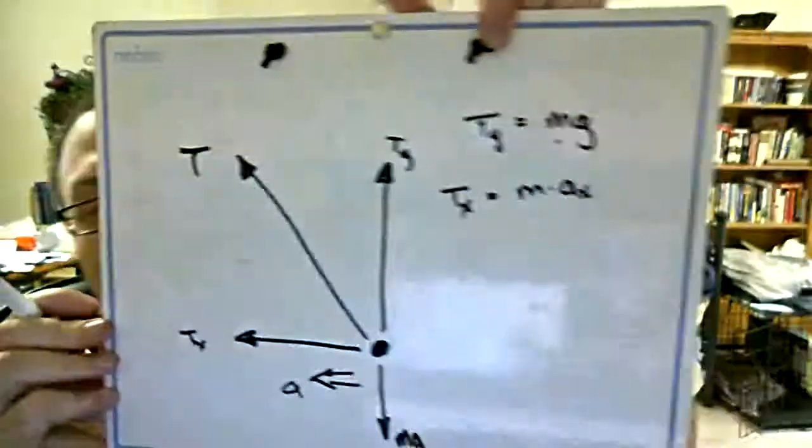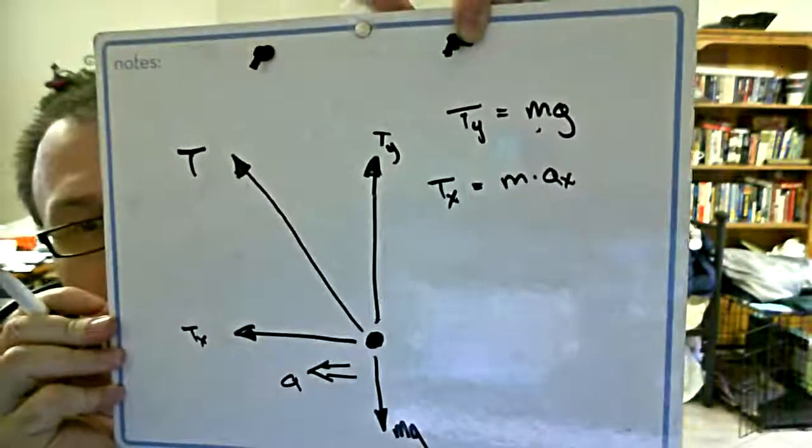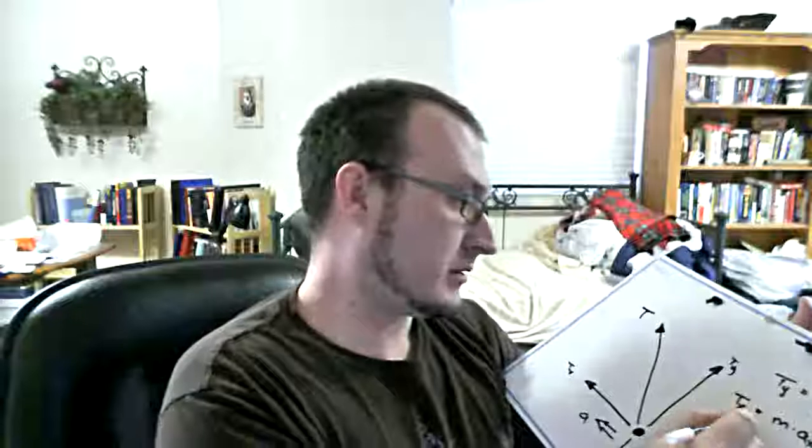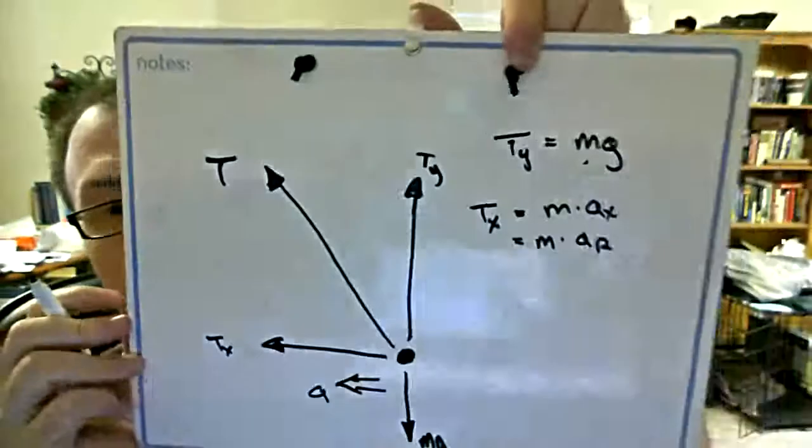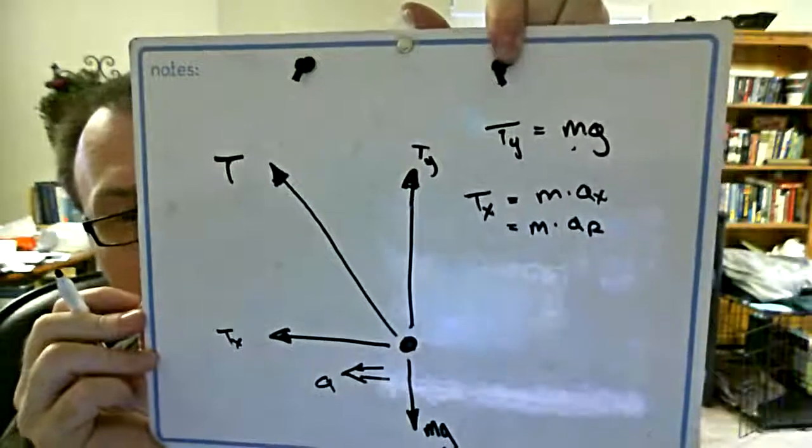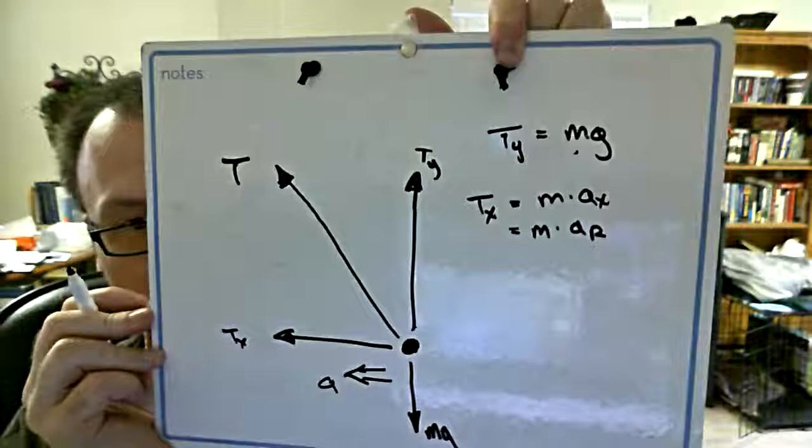To get the x component of the tension, that is just going to be equal to the mass multiplied by the acceleration, and that's also equal to the centripetal, or what I've been calling the radial acceleration, a sub r, and that is equal to v squared over r.